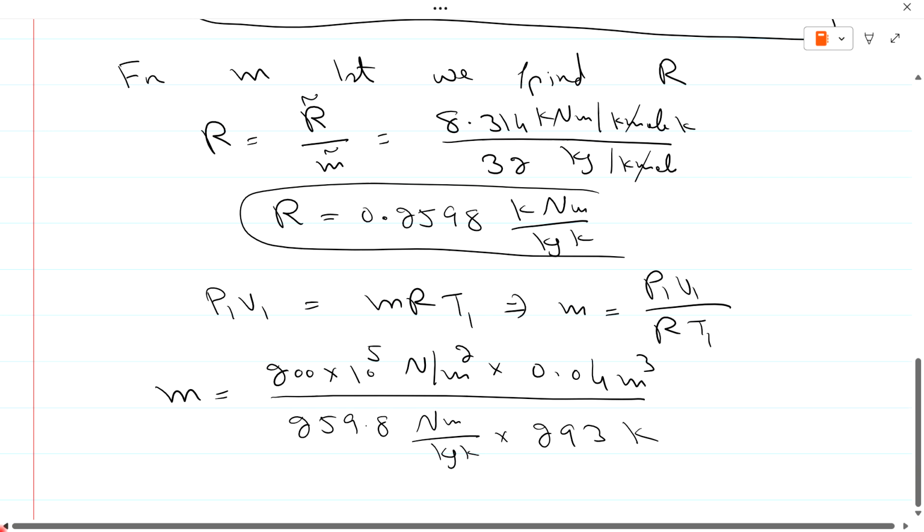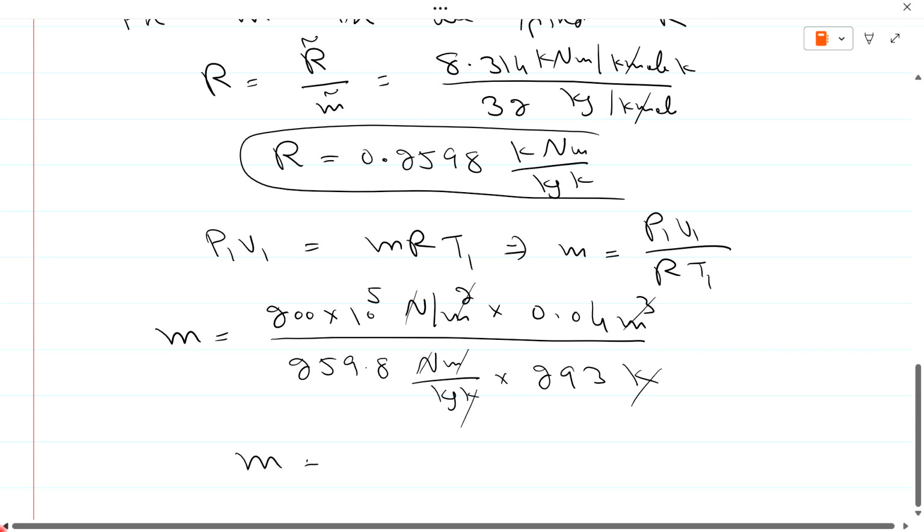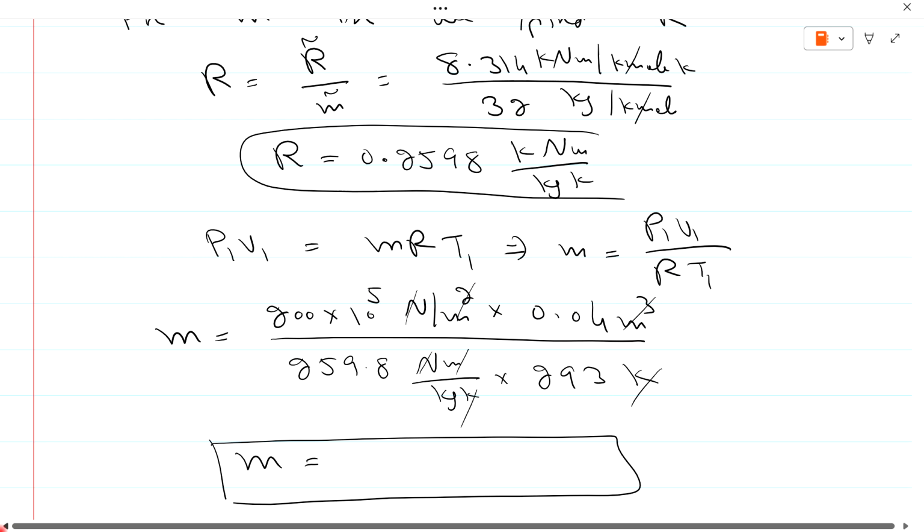Kelvin will be cancelled with Kelvin, Newton per square meter with meter cube will be cancelled with meter cube, so the final unit will be kilogram. If we calculate this, the mass will be equal to 10.5 kg, and this is the final solution.